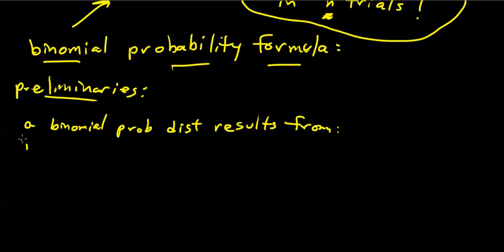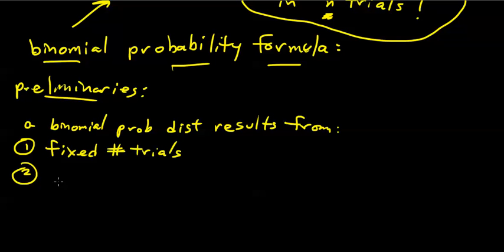Number one, you've got a fixed number of trials. Like in the above motivating example, we had 30 births we were concerned with.